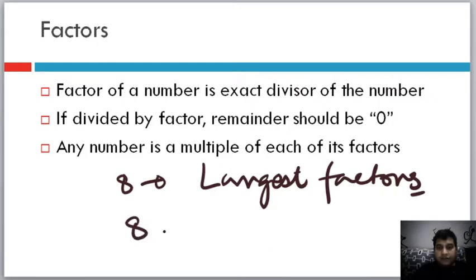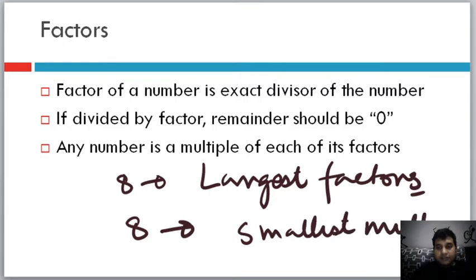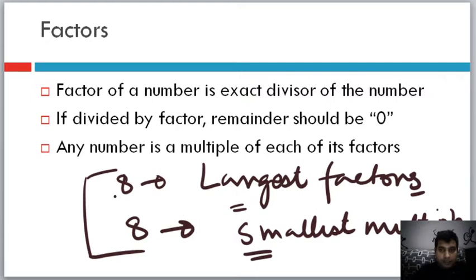And for multiples, the number itself is the smallest multiple. So when we talk about multiples, the number itself is the smallest multiple, but when we talk about factors, the number itself is the largest factor. So that's something that one needs to understand. So let's move on.